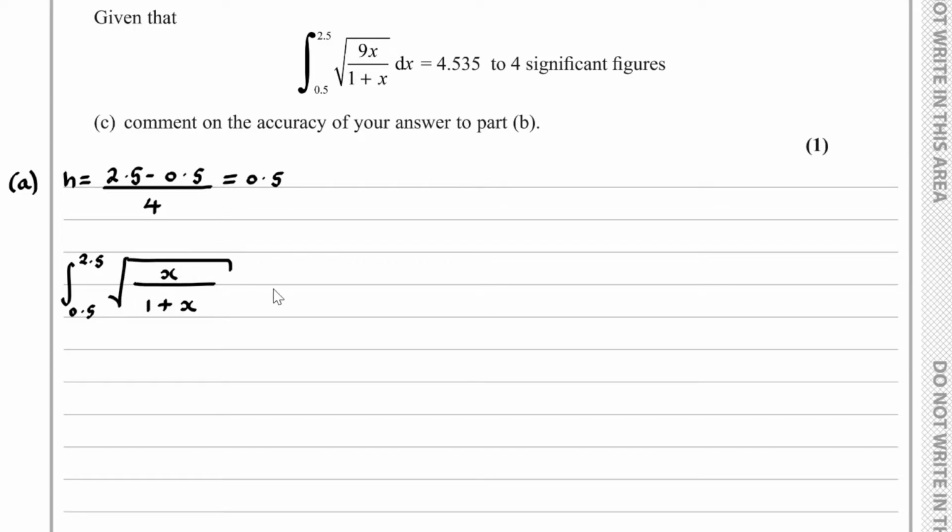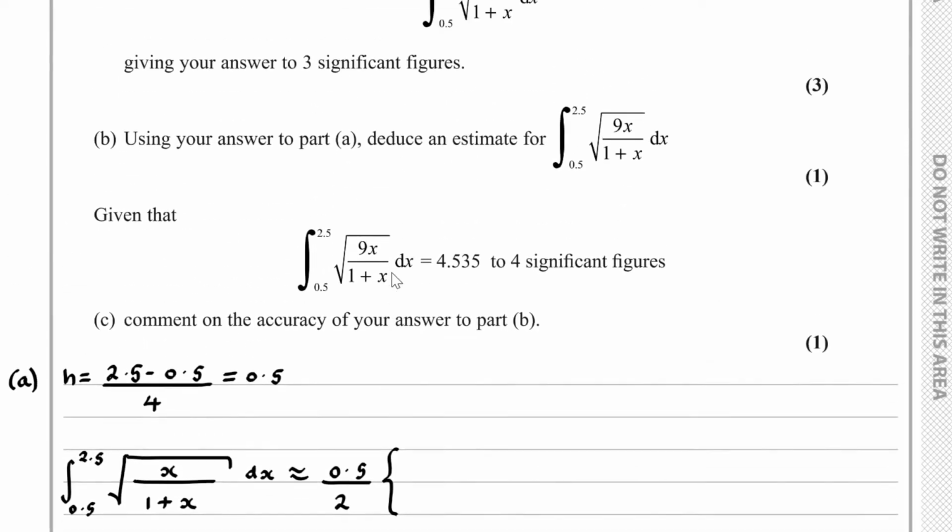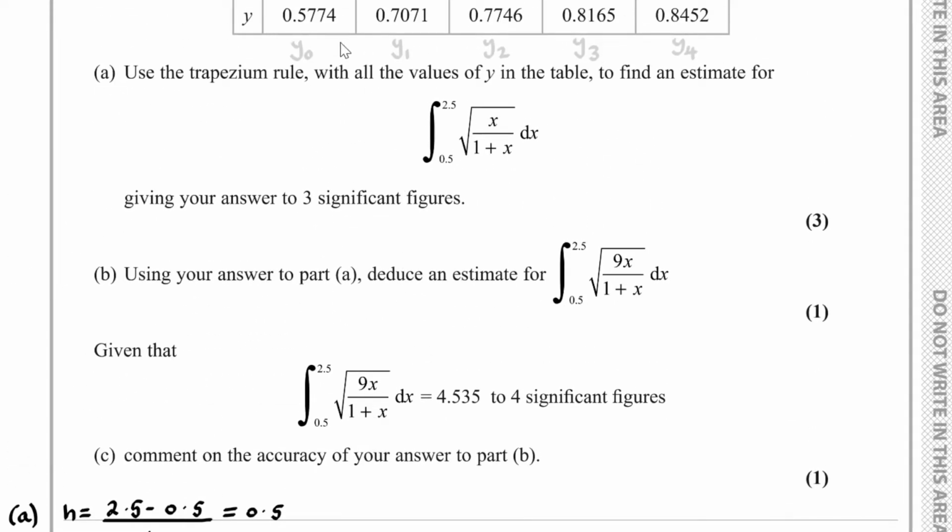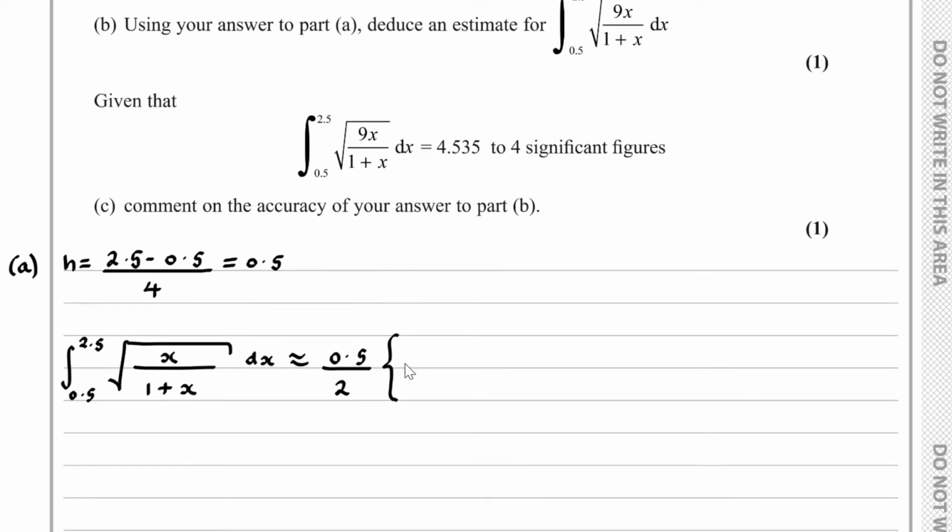And if we approximate this using the trapezium rule, we have 0.5 over 2, and then we multiply this by our first y value, 0.5774.